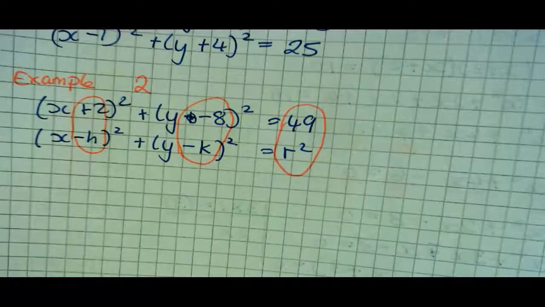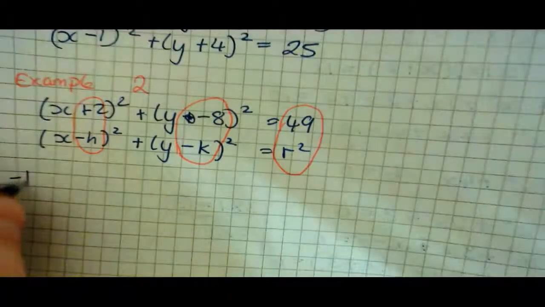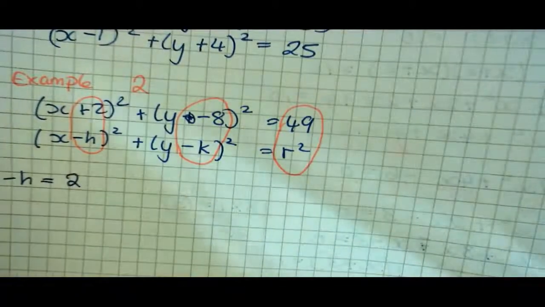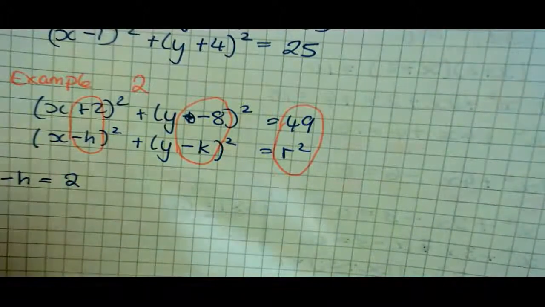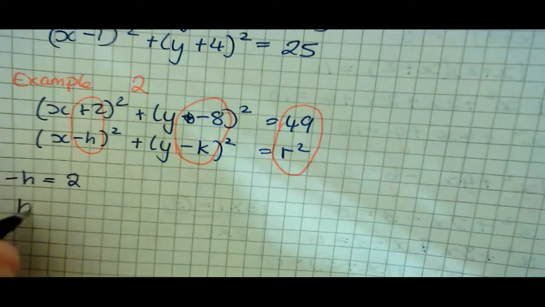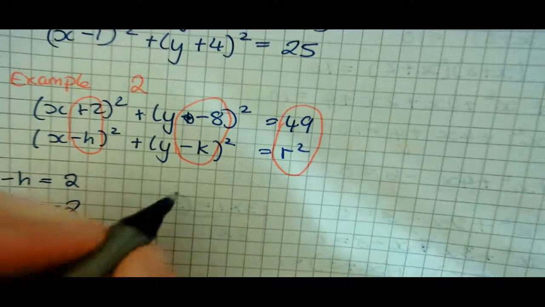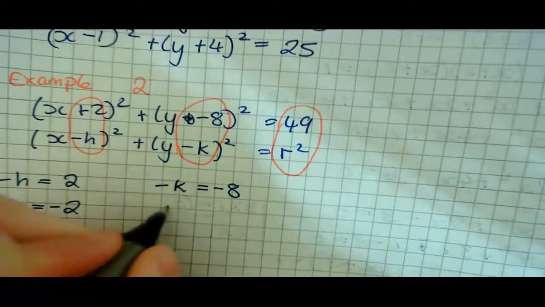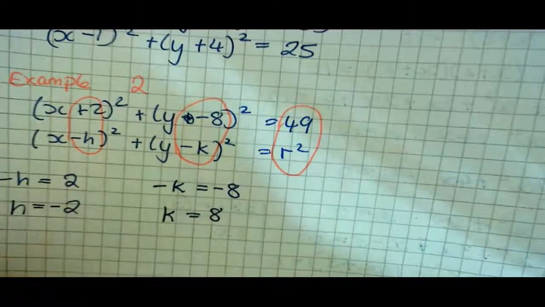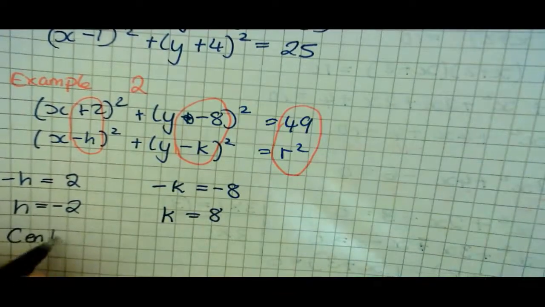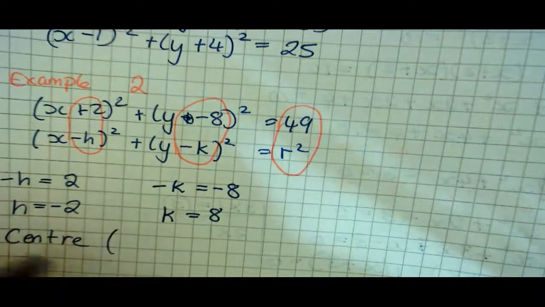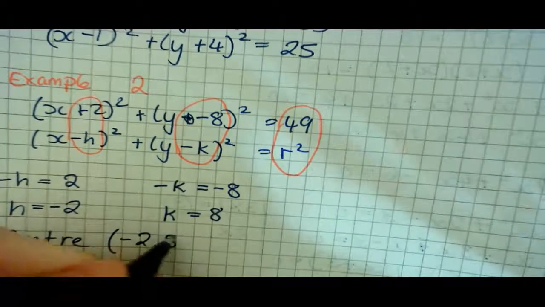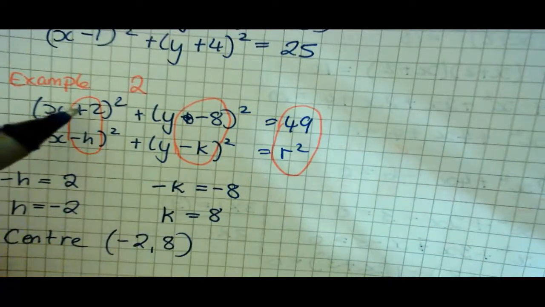okay, so we can say that minus h there is equal to 2, but we want to know what plus h is, so if we change all the signs across, h is equal to minus 2. We can say that minus k is equal to minus 8, so again change all the signs across, k is equal to 8, so our centre is minus 2, 8. So all you're really doing there is changing the sign.